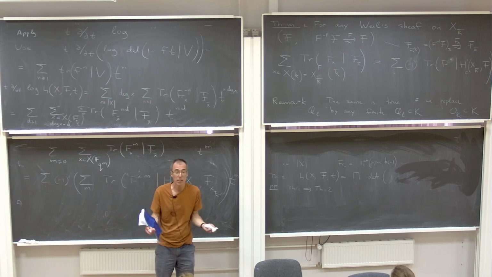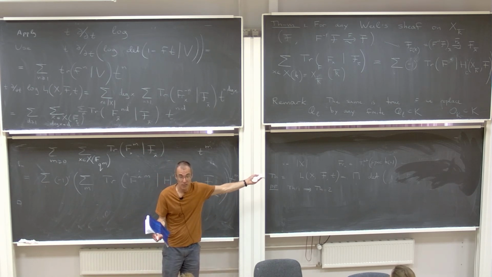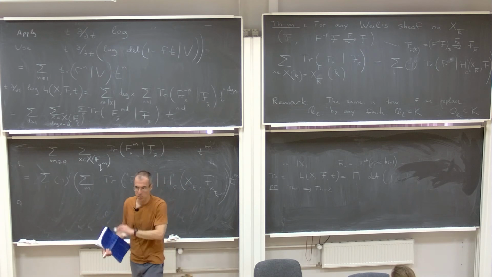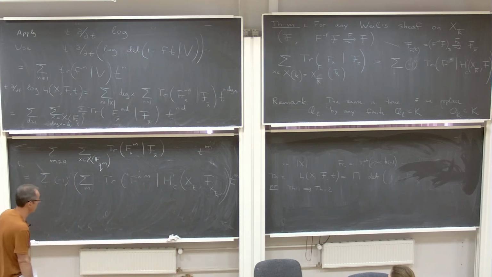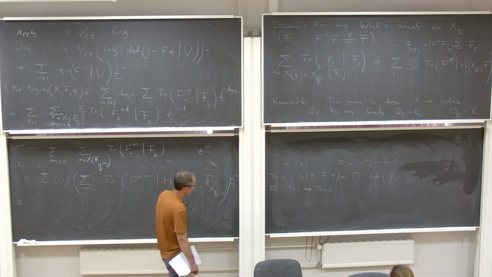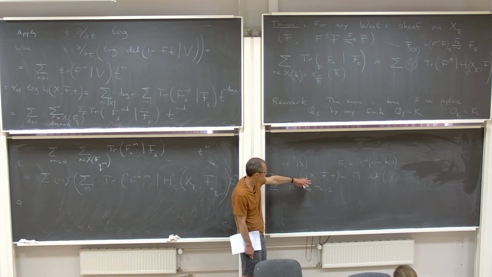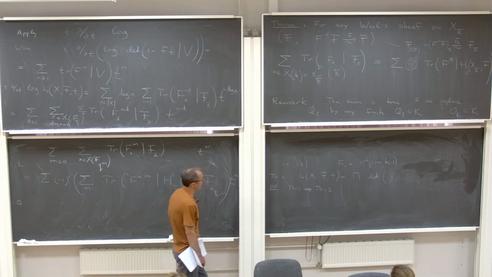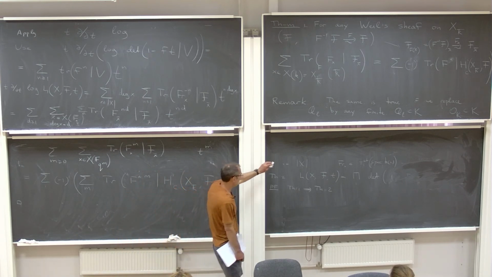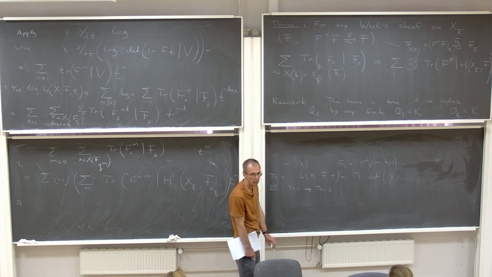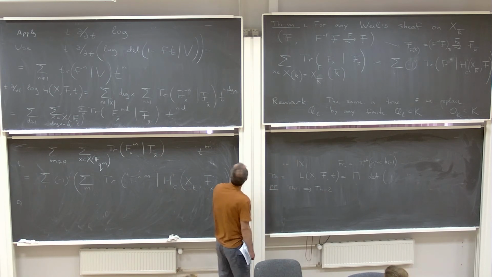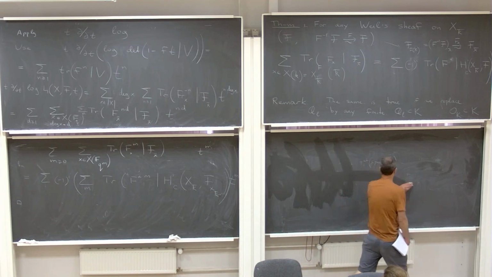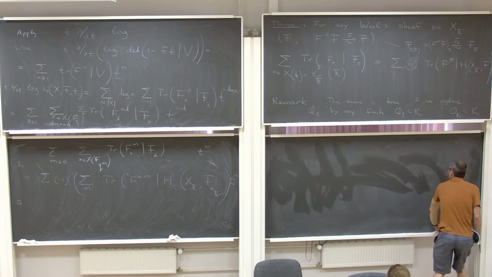A character is determined by its values on these Frobenius elements for points, because these Frobenius elements are dense among conjugacy classes by the Chebotarev density theorem. But surprisingly, this way of writing the character as this product is very important, because the L function has some unexpected analytic properties, which sort of come from nowhere.